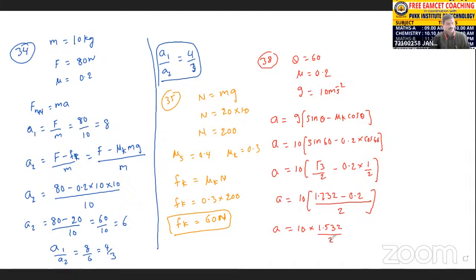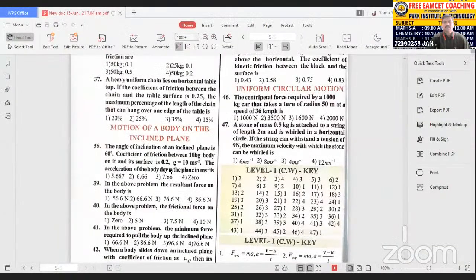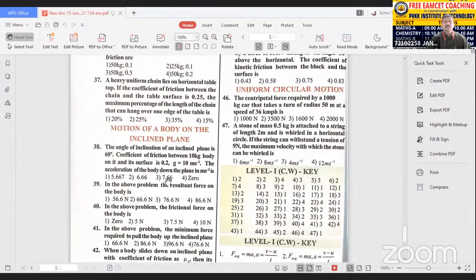Multiplying these, acceleration A is equal to 7.66 meter per second square. So 7.66 is the third option. Okay.